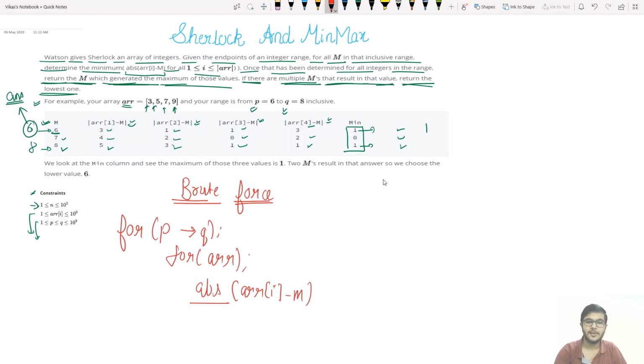We store the minimum distance in a minimum array, then iterate over this minimum array, find the maximum value and return the corresponding m value as our answer. So this is how we are going to do the brute force approach.